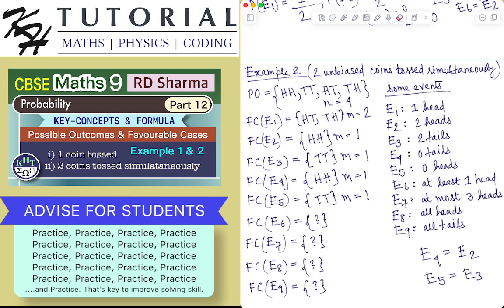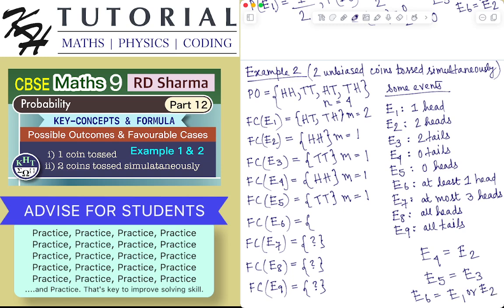Let's see event E6. Event E6 says at least 1 head. So since there are two coins tossed, at least 1 head means I can have 1 head or 2 heads. So the event E6 is identical to saying E1, or E1 means 1 head, or E2.